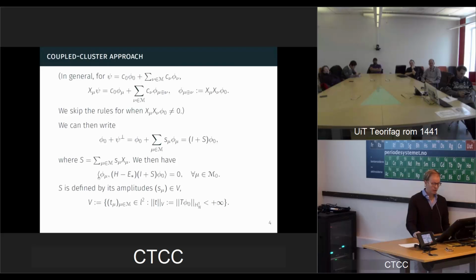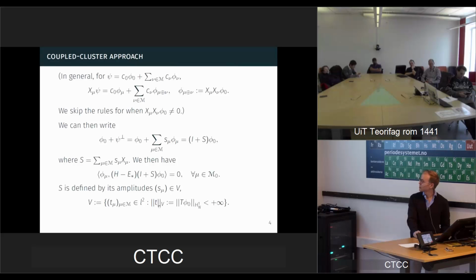So now we are with this equation we have here. Solving the Schrödinger equation is now about determining the cluster amplitudes in this cluster operator S. So then we define a space where these cluster amplitudes live. We say a cluster amplitude that is square summable over the multi-index set M is in this space capital V if this norm here is finite.